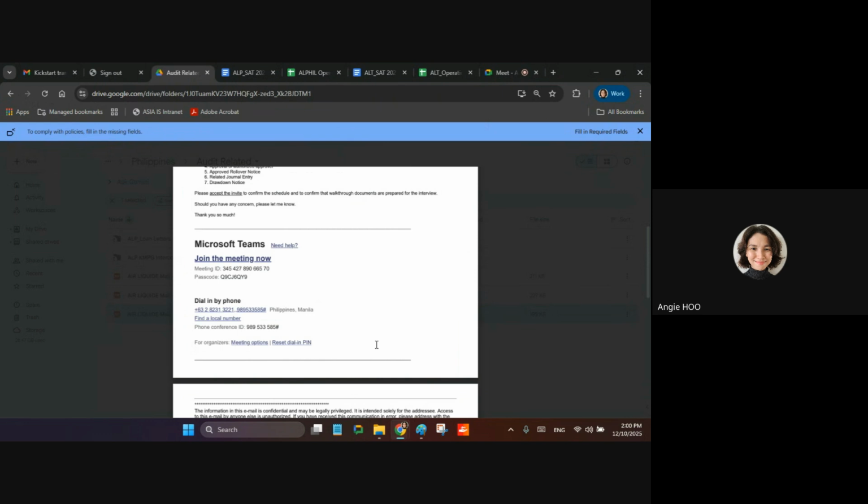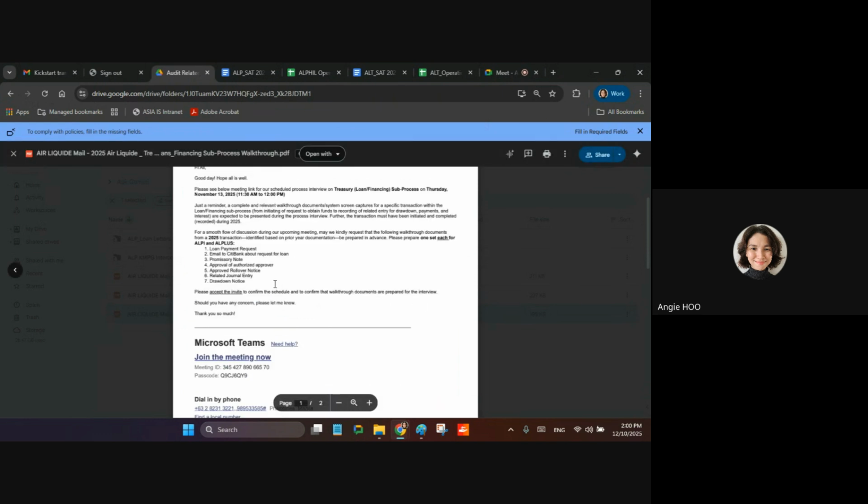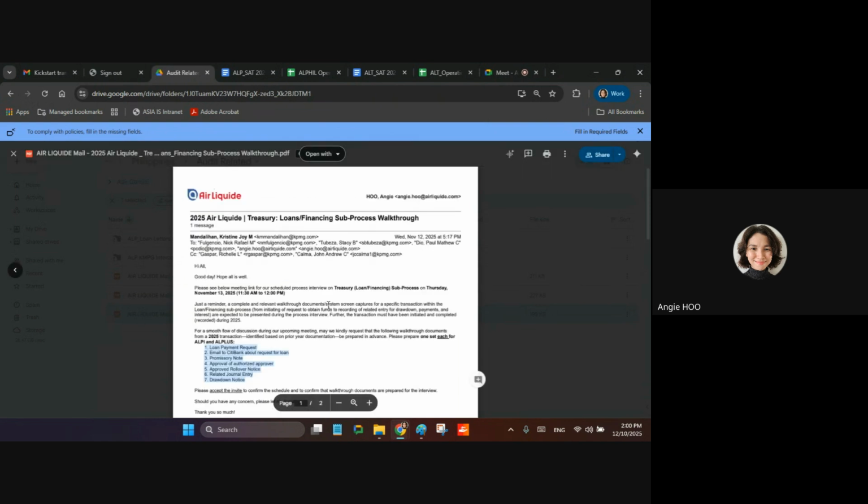For example, what's the process for drawdown, how do you deal with the bank, what's the process after you confirm, and so on and so forth. And the documents, for sure they will ask for it. So this is the very first one.